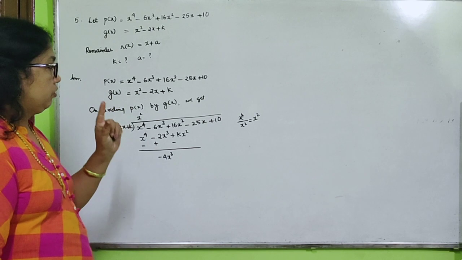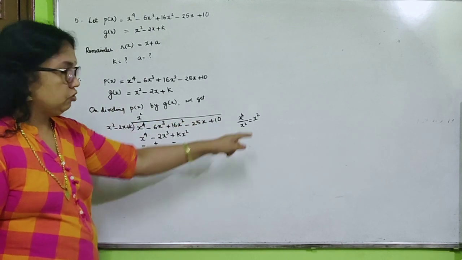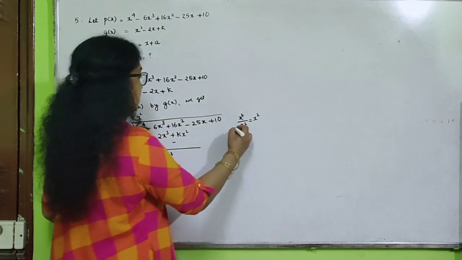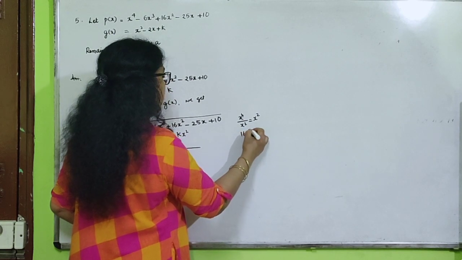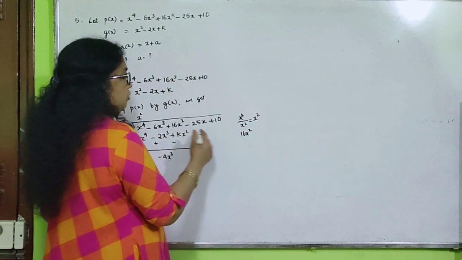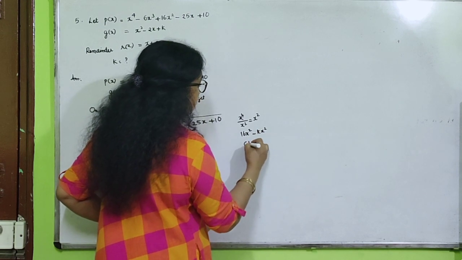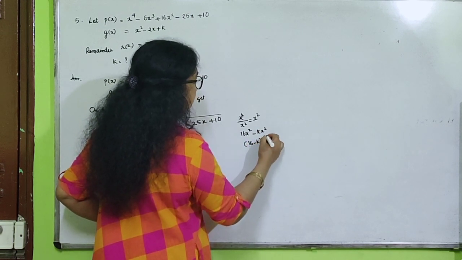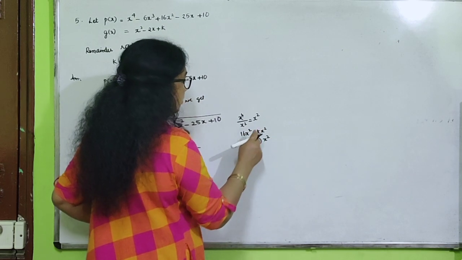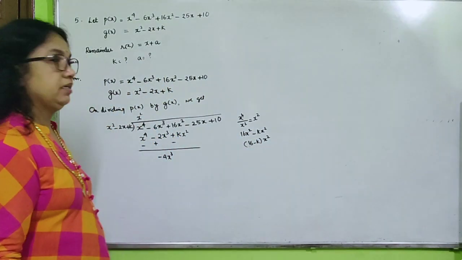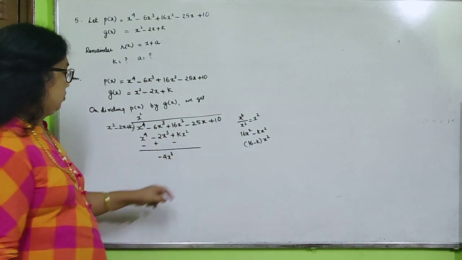So how do you write it? I am showing how we subtract like this: 16x square minus kx square. x square is common, so take x square outside: 16 minus k. So like this we will write. So 16 minus k.